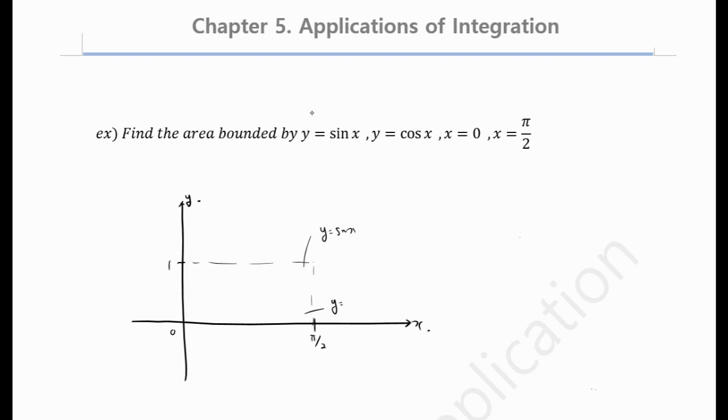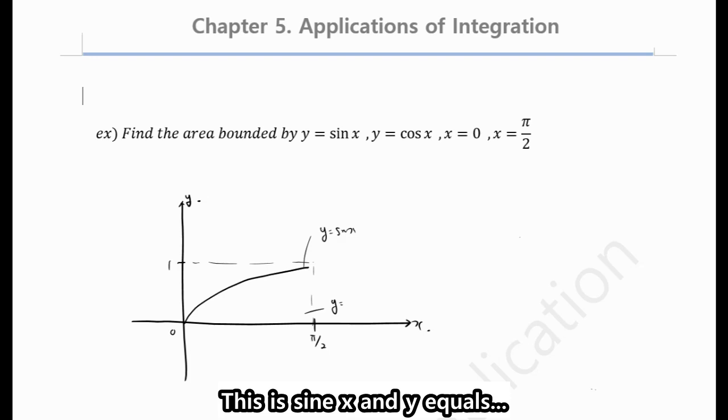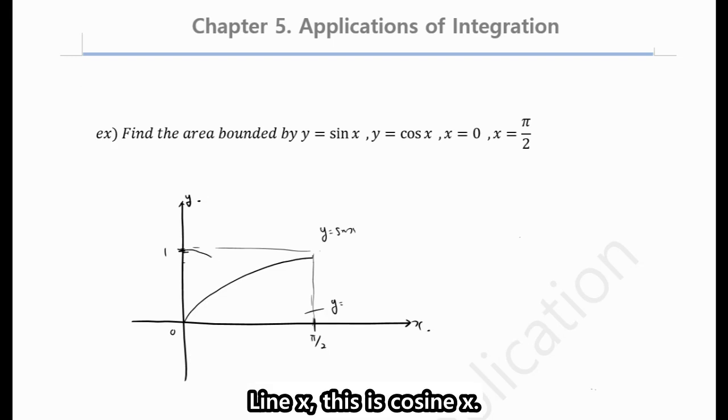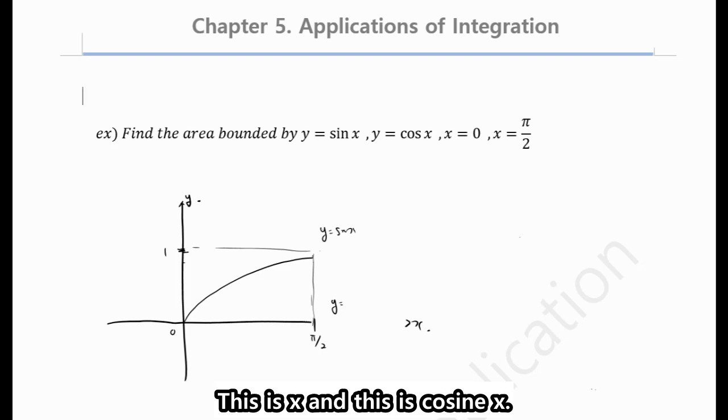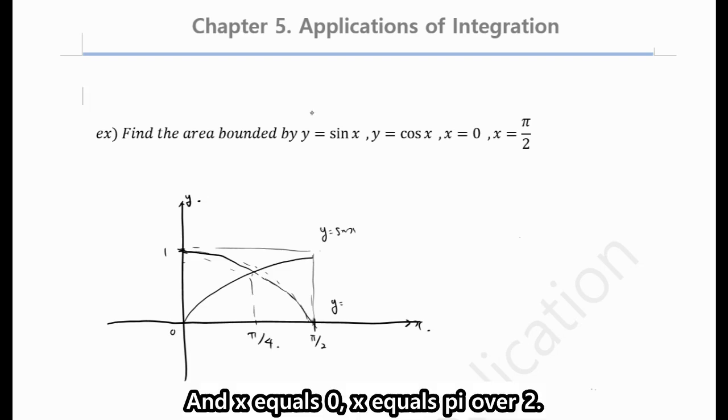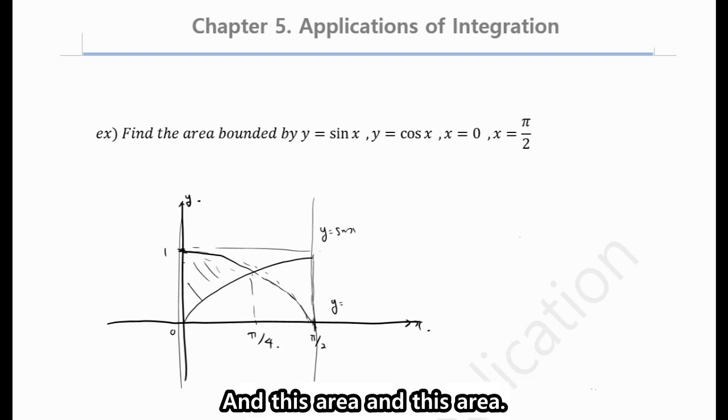This is sine x, and this is cosine x. This is pi over 4, and x equals 0, x equals pi over 2, and this area and this area.